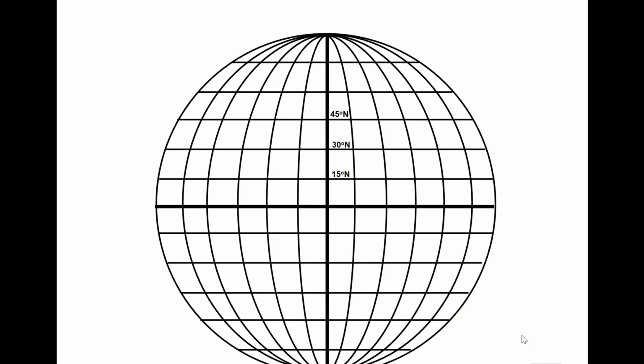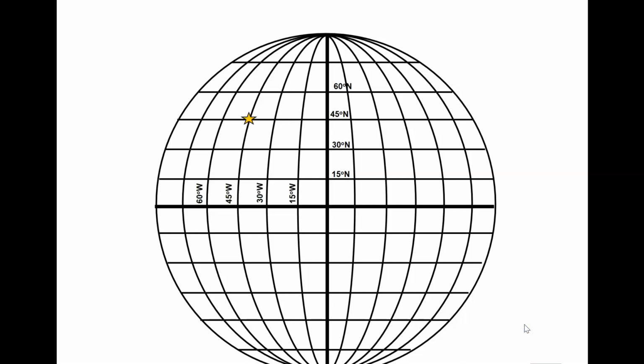Then we would go 45, 60, and if we were to add up here, we would just add 15. That would be 75. This is in increments of 15. Now let's go to the west. 15 degrees to the west, 30, 45, 60.